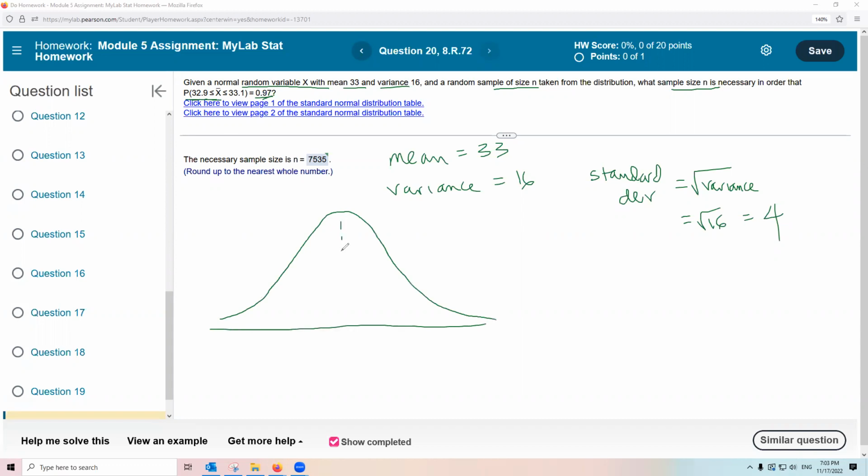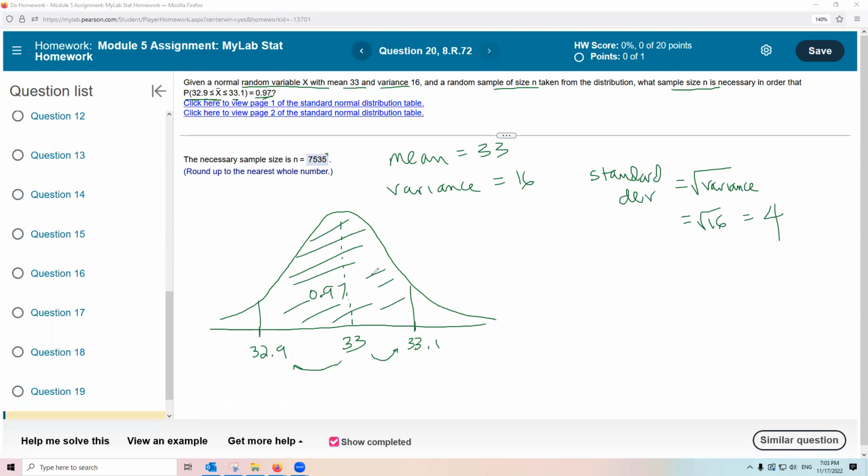And I'm going to draw here the mean, which is 33. And I'm noticing that the bounds they're giving us are 33.1 and 32.9. So notice this is symmetric because we're 0.1 above the mean and 0.1 below the mean. And they're telling us that this green area is 0.97.